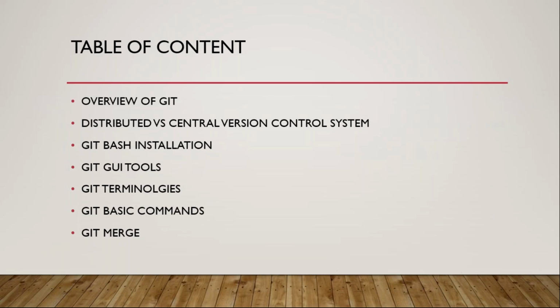I will show a few GUI tools which are available, and explain the terminologies used in Git and some basic commands. Finally, I will show how to merge between branches. I will create a scenario where you will see a merge conflict, and I will show how you resolve the merge conflict.